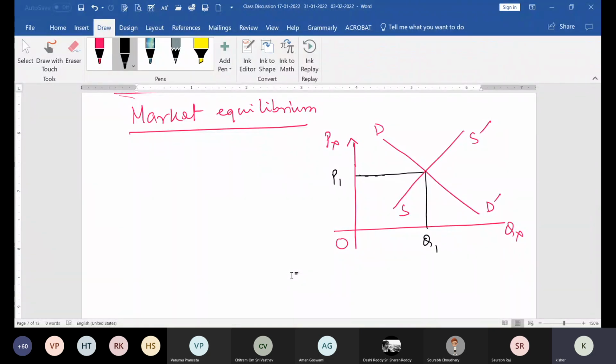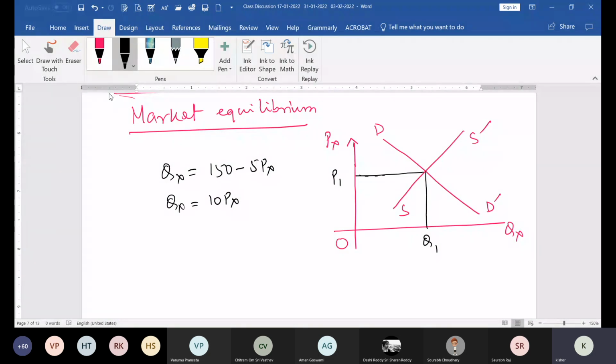So here, suppose someone asks you to find the equilibrium price. Suppose the demand equation is Qx equal to 150 minus 5Px, which is of the form A minus bPx, and suppose the supply equation is 10Px. At equilibrium price, demand is equal to supply.